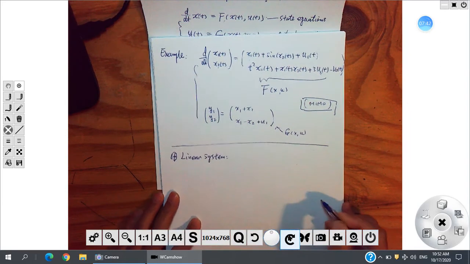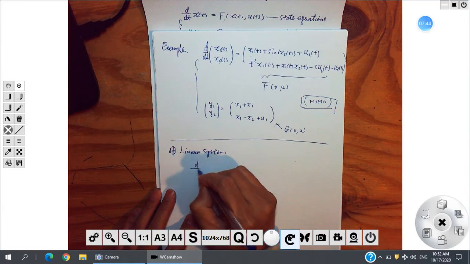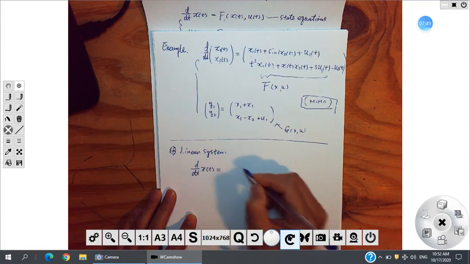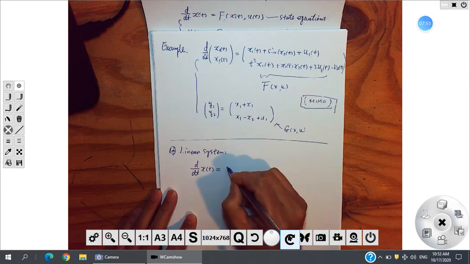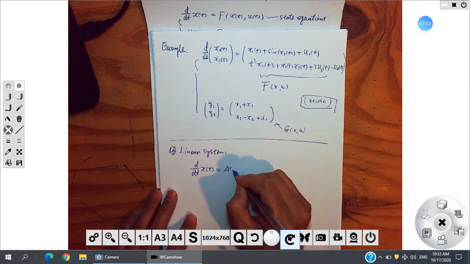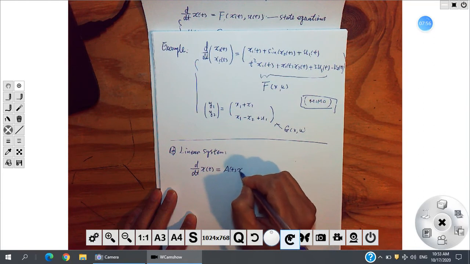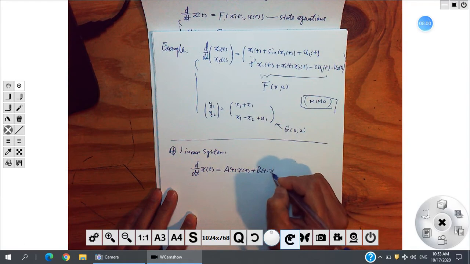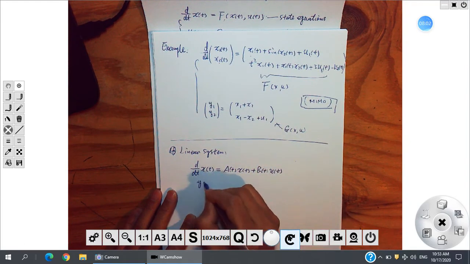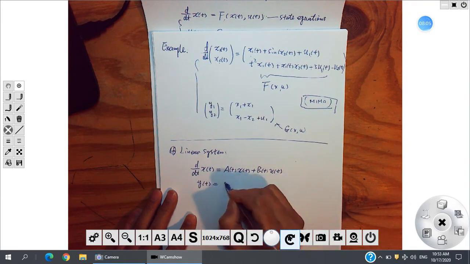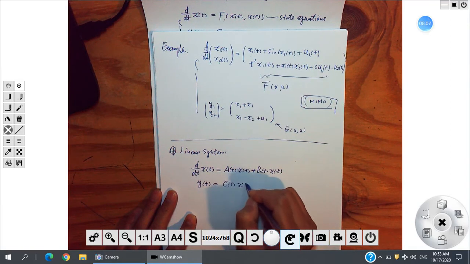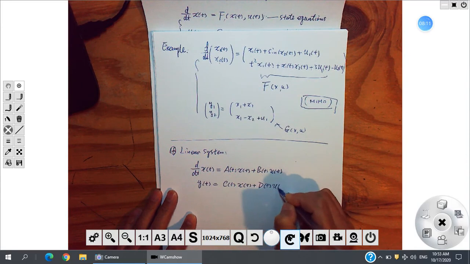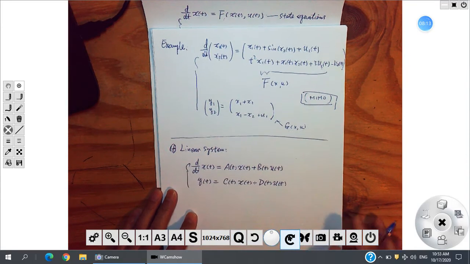A linear system can be described by x dot of t equals A of t times x of t plus B of t times u of t, and y of t equals C of t times x of t plus D of t times u of t.